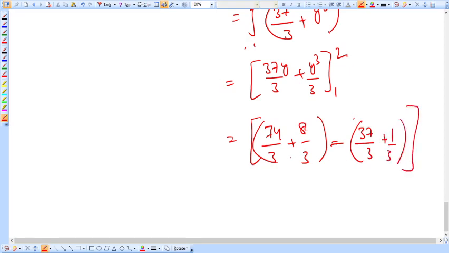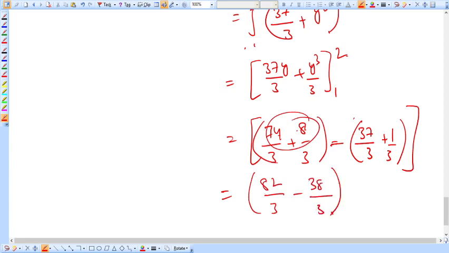Okay, so now you just calculate it. It is equal to how much? 82 by 3 minus 38 by 3. Okay, so it is equal to 44 by 3.